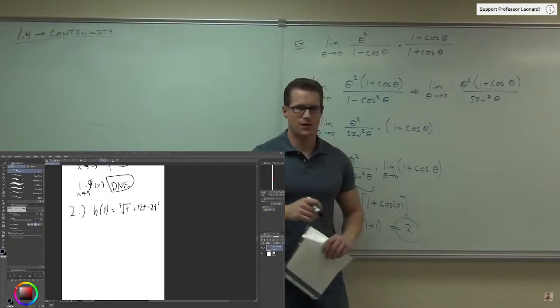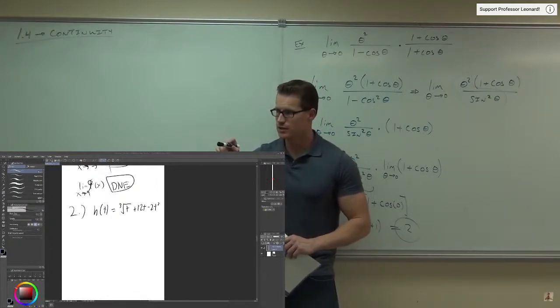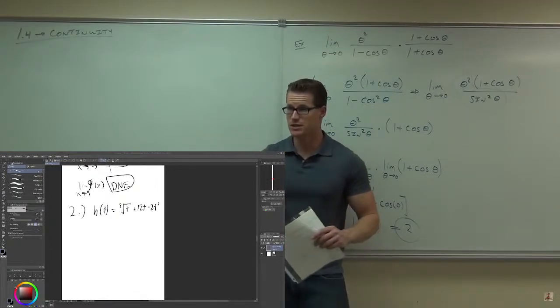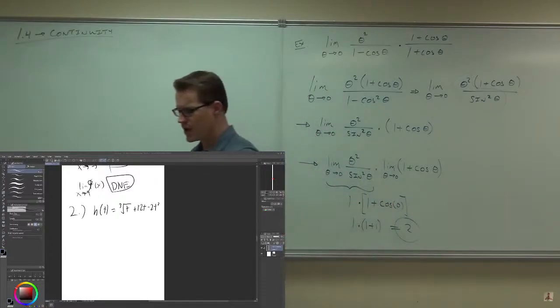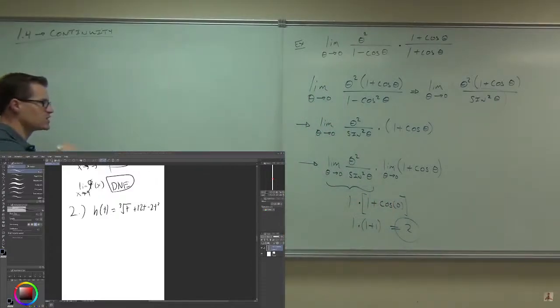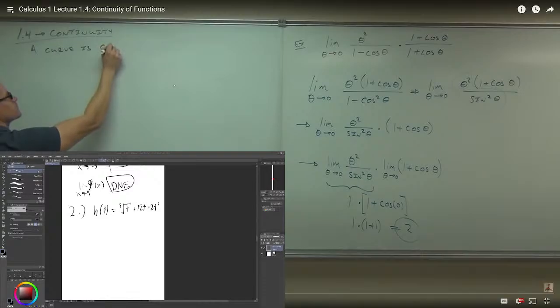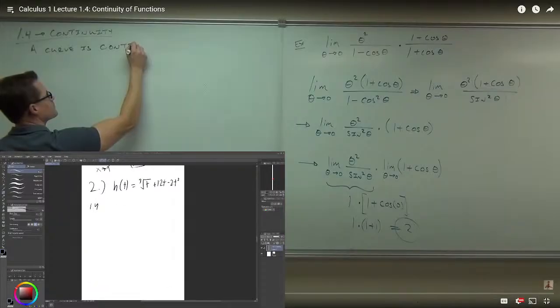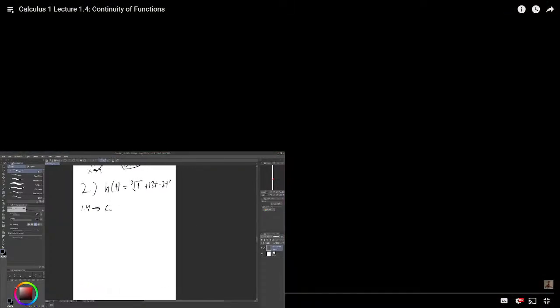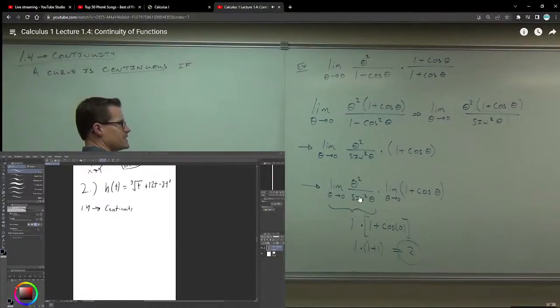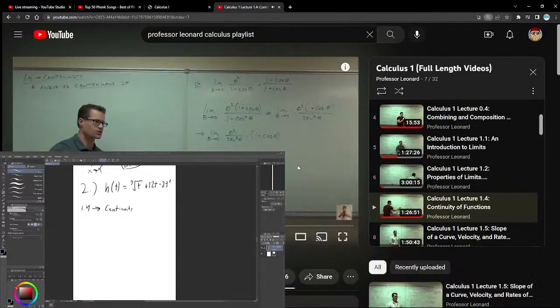That's pretty much it. If you can graph it by not picking your pencil off the paper, you would say it's continuous. So that's what we're talking about. Continuity says the curve's continuous, if it doesn't have any holes or breaks or asymptotes.